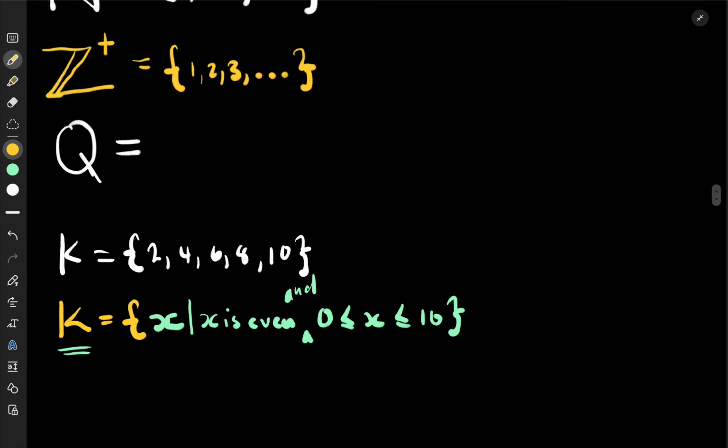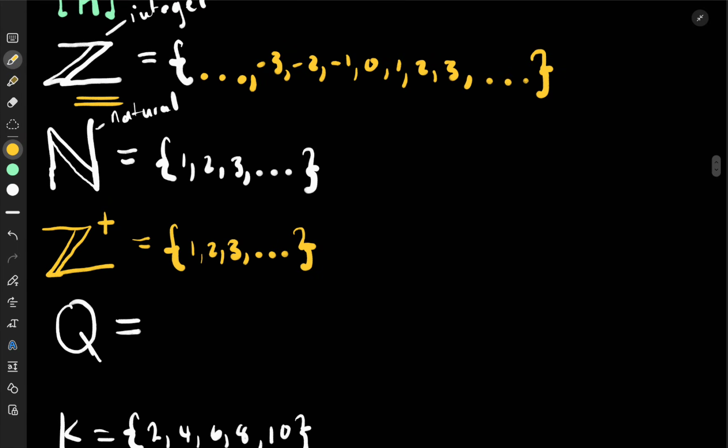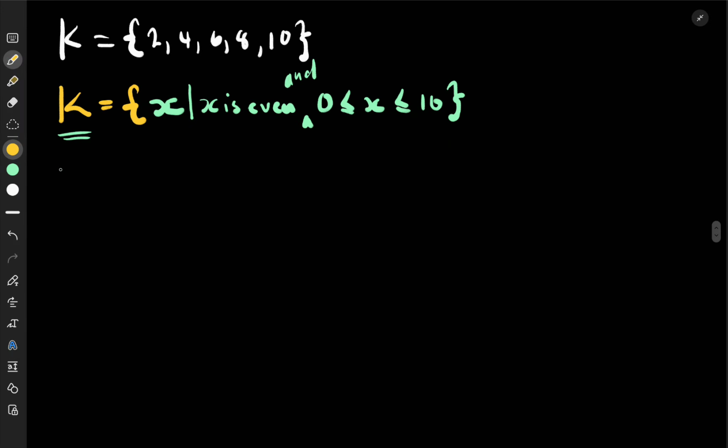Well, we can use integers for that, or we can use natural. So K is equal to, here's how I do it. I would say X values, which will be, I can put now the Z to say they are integers. So K is going to be X values which are integers.